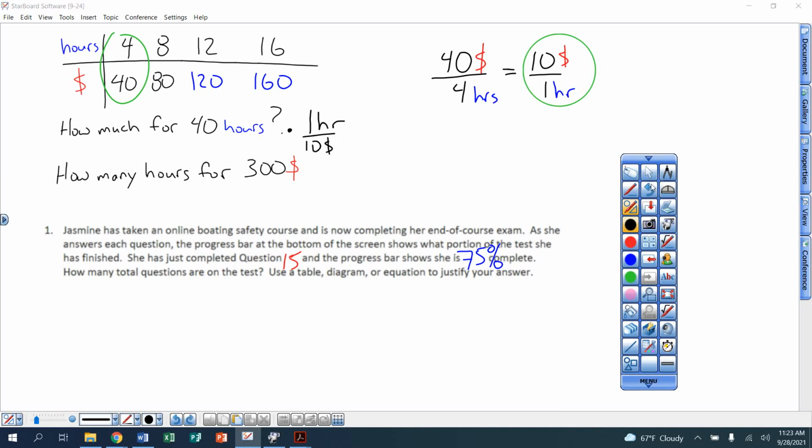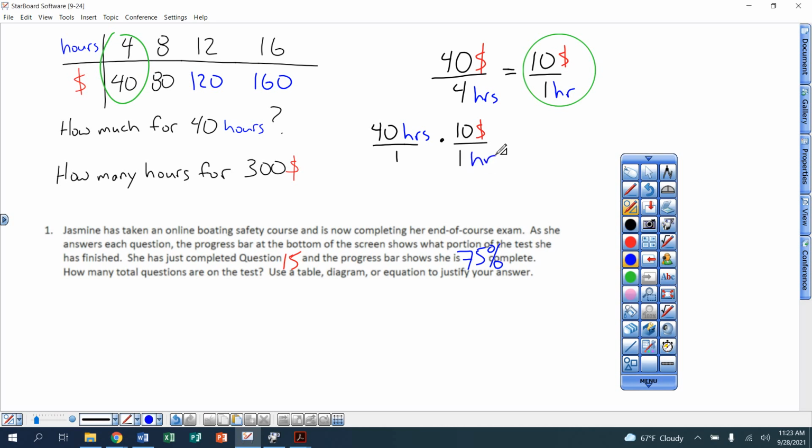I want to use the right unit rate that has those hours units cancel. So what that means, I need to show it like this. I got 40 hours. I am timesing that number, which is over 1, times the right ratio that has hours on the bottom, so those will cancel.